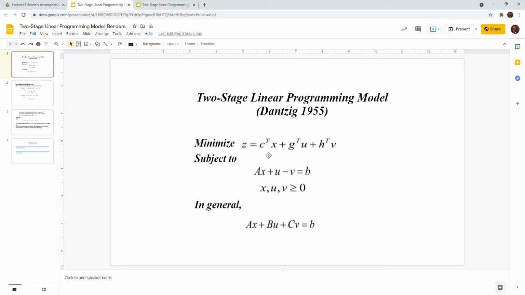Therefore, when you make a decision x here, you don't really know whether your A times x can fulfill the equation of the equality sign in all alternatives. This is for example when you have uncertain values in A or b.